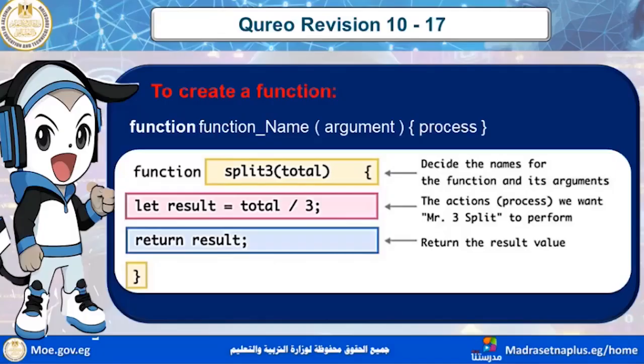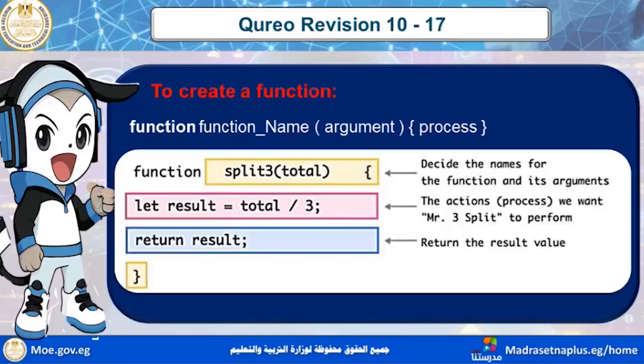So we have here the split program. It is built using a function creation. Here we have to create a function, writing function, and the name of the function is split3 of total.